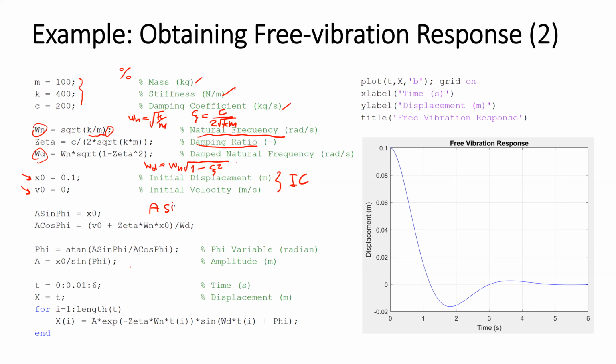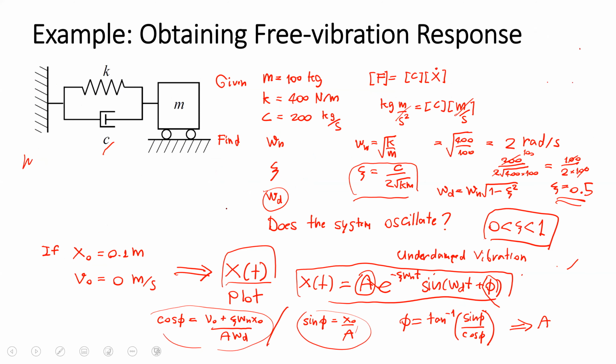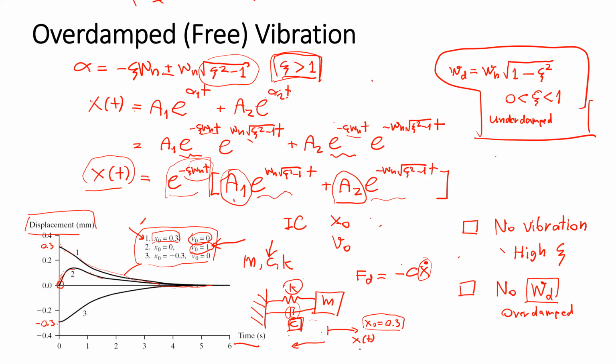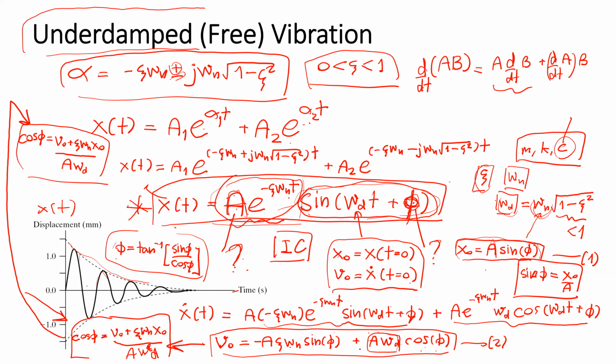A sin phi is equal to x0, which is what we have here. If you want, I'm not sure you can catch up, but if you go back, it comes from here.